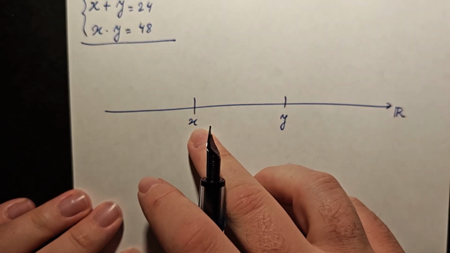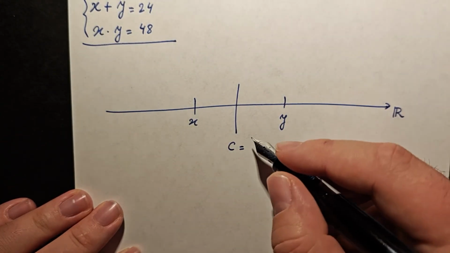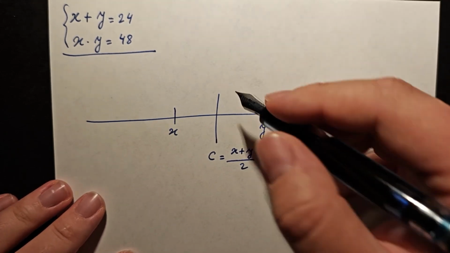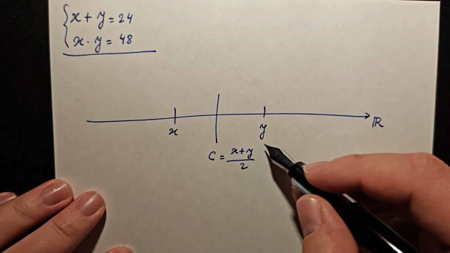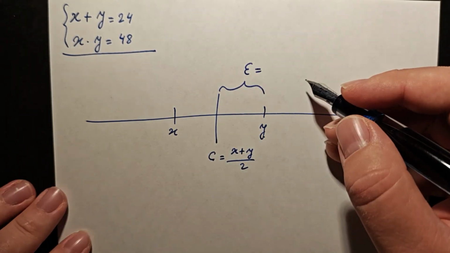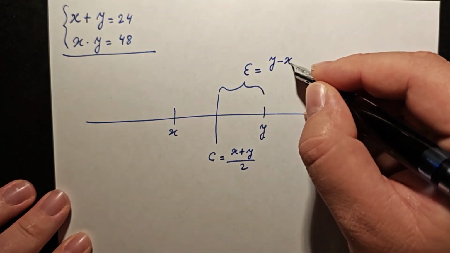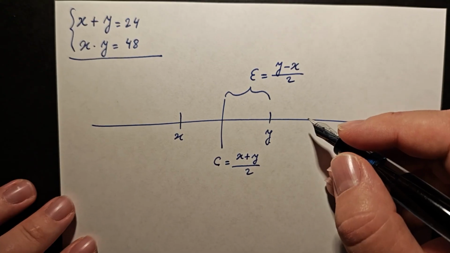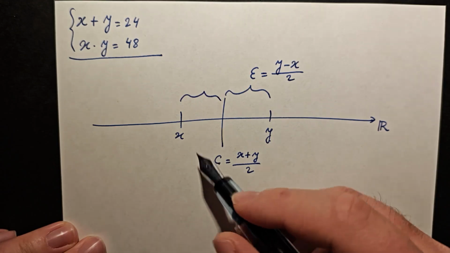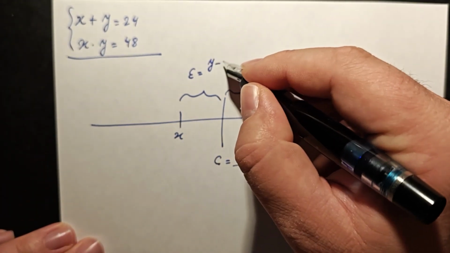Now, between these numbers x and y, there is always a center c, which we can calculate as x plus y divided by 2, and there is a distance from the center to the dot y, which we are going to denote as epsilon, and that distance is going to be y minus x divided by 2. Again, that epsilon also appears here as the distance from x to c, and that is the same epsilon, y minus x over 2.